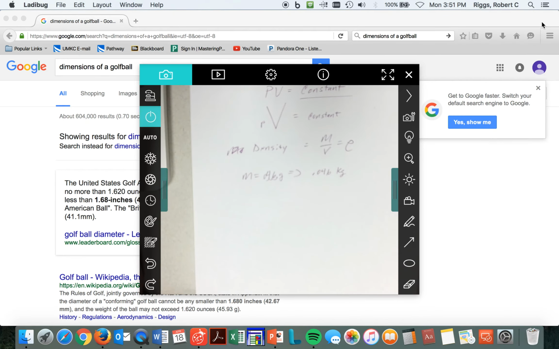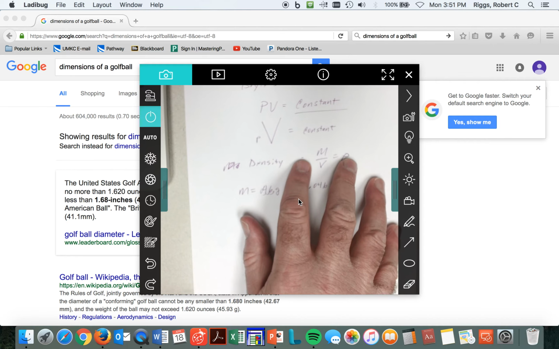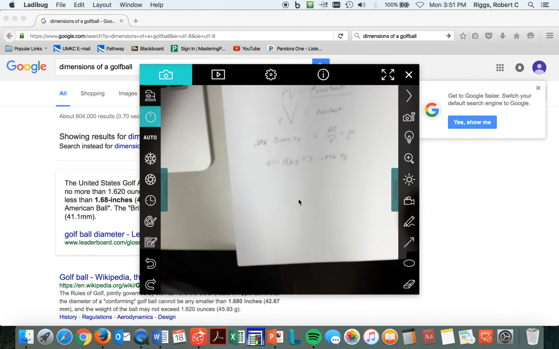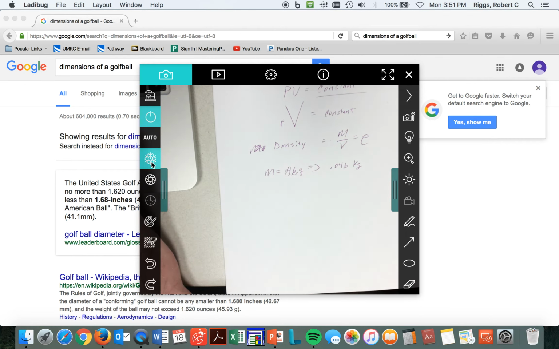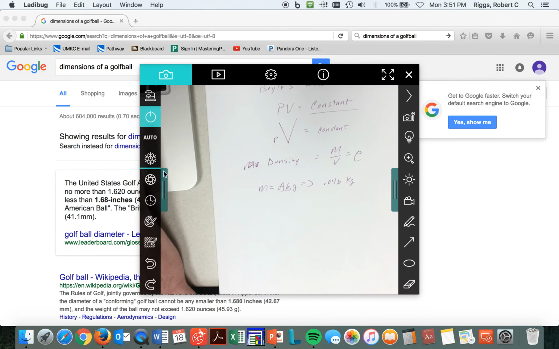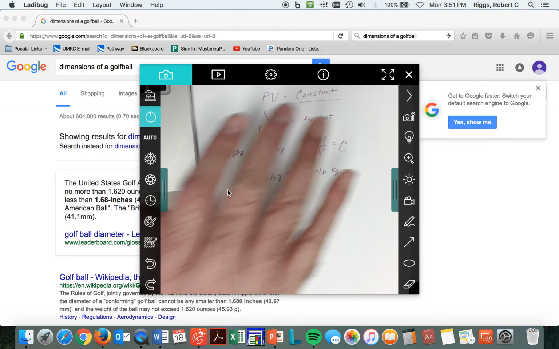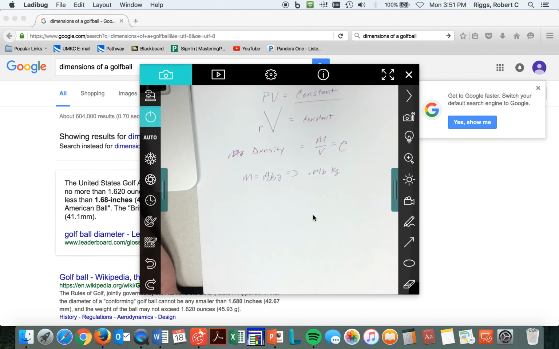I want that to be focused a little bit better. I think I whacked it out of focus. There we go. There's a good old focus on it. See, that seemed to get better, didn't it? Uh-oh. There we go. All right. Here's how you focus.